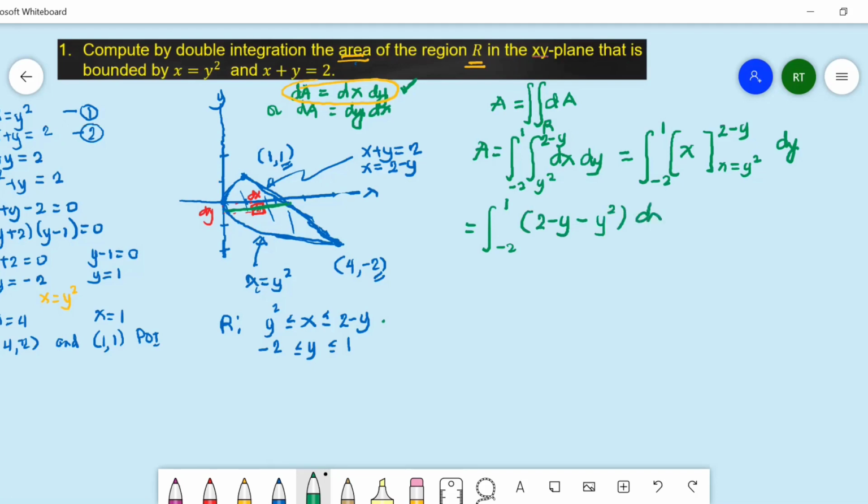So the integral becomes the integrand of the outer integral in y. So we have 2 minus y minus y squared. And evaluating the integral in y, the integral of 2 dy is 2y, minus the integral of y dy is y squared over 2, minus the integral of y squared dy is y cubed over 3.